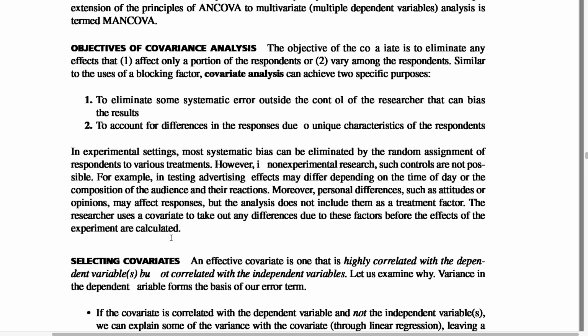Moreover, personal differences such as attitude or opinion may affect responses, but the analysis does not include them. As with a treatment factor, the researcher uses a covariate to take out any differences due to these factors before the effect of the experiment is calculated.